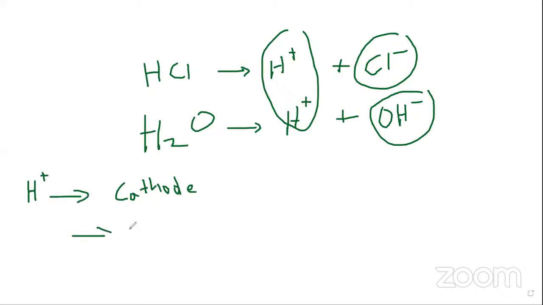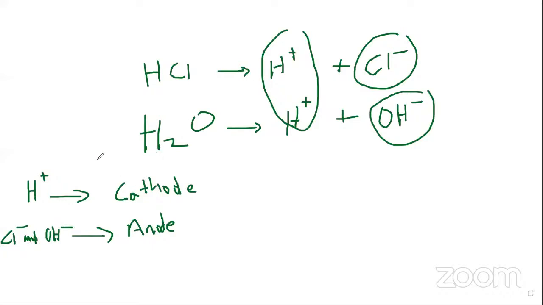And going towards the anode, we have two competitors. We have Cl minus and OH minus.